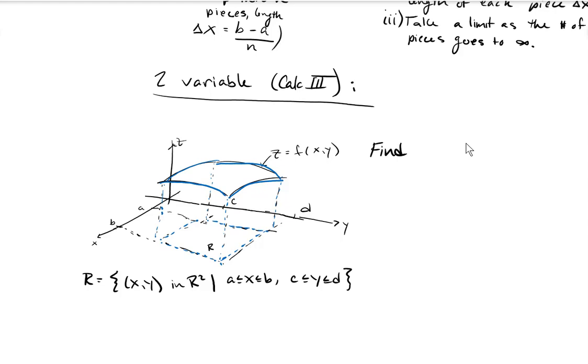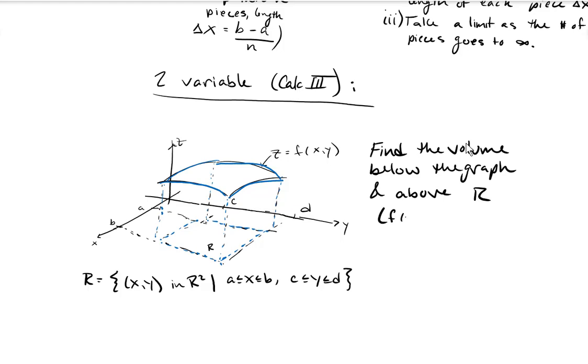So equivalent to the area problem is now finding the volume below the graph and above R. This does assume that our function is positive, that the graph never dips below the xy plane in this rectangle. So let's make this clear. We are assuming this.